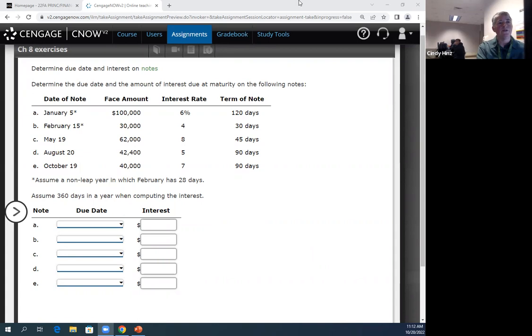This is a simple interest calculation as opposed to a compound interest calculation. So here's the formula. Interest equals principal times rate. That's the interest rate. Times time.